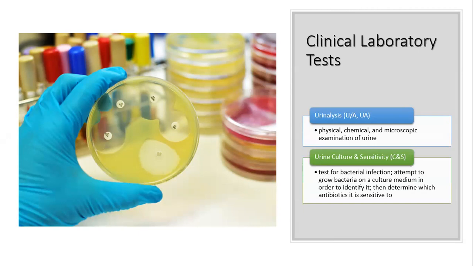We attempt to grow bacteria on a culture medium in order to identify it, then determine which antibiotics it is sensitive to. So we know the bacteria and the most useful antibiotic to treat it.